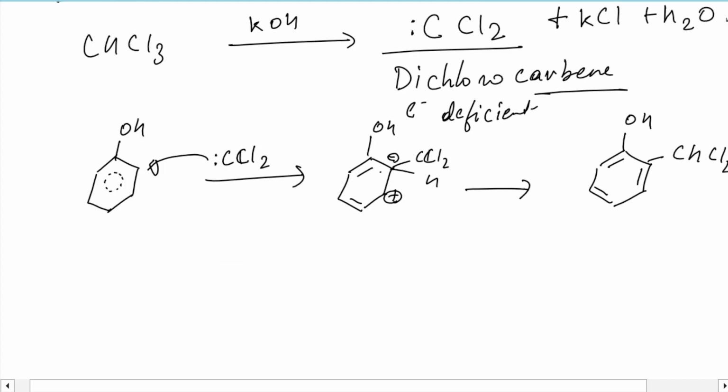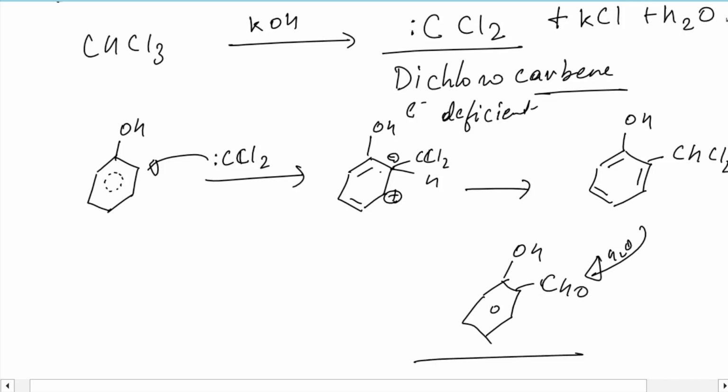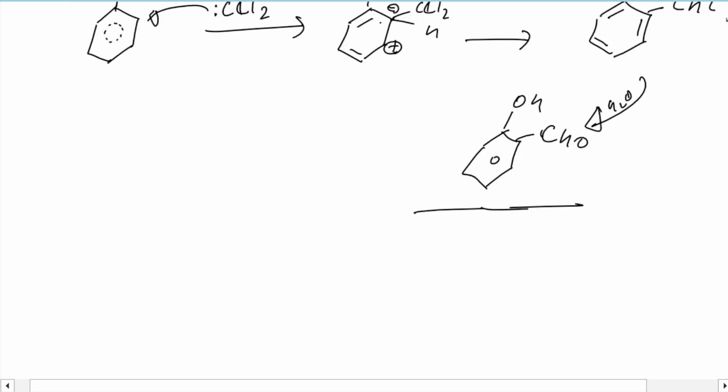And this is further hydrolyzed to form salicylaldehyde. As we know, two OH groups on the same carbon atom are generally unstable, so one water molecule will be removed and that will form a double bond to O. In this way.